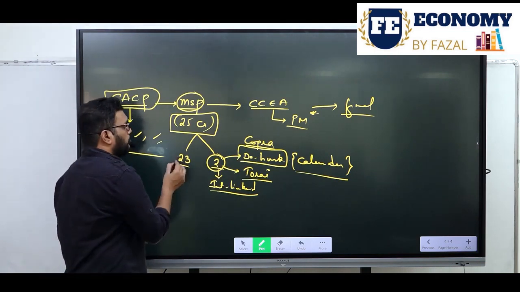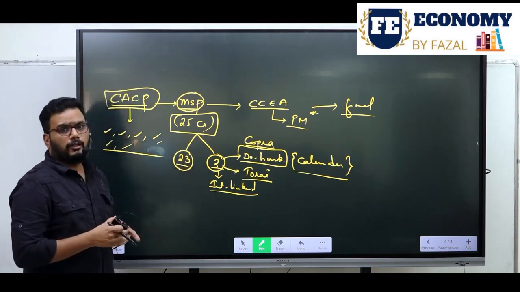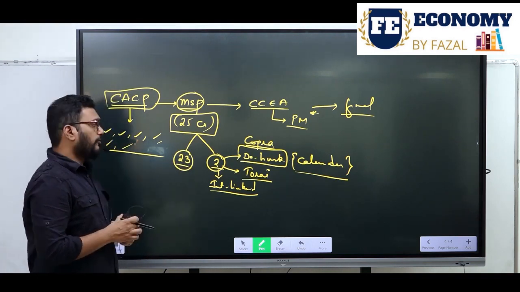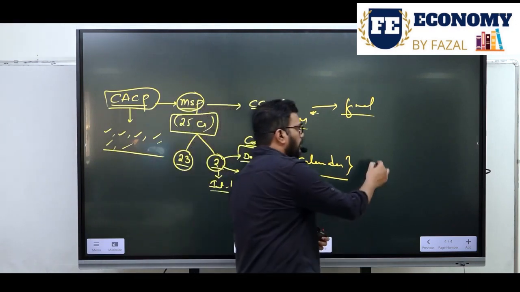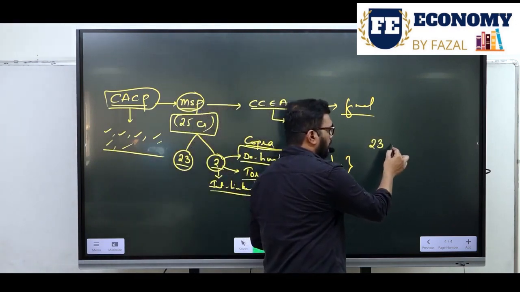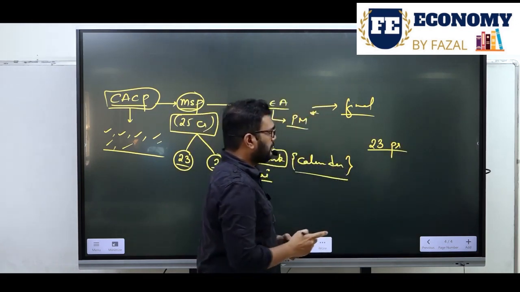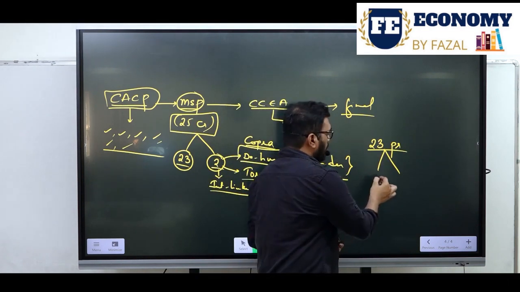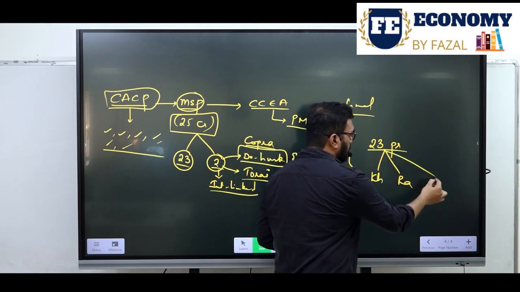So how many crops have prices given? 23. This is what websites say. 23 prices are given. In these 23 prices, Kharif, Rabi, calendar.